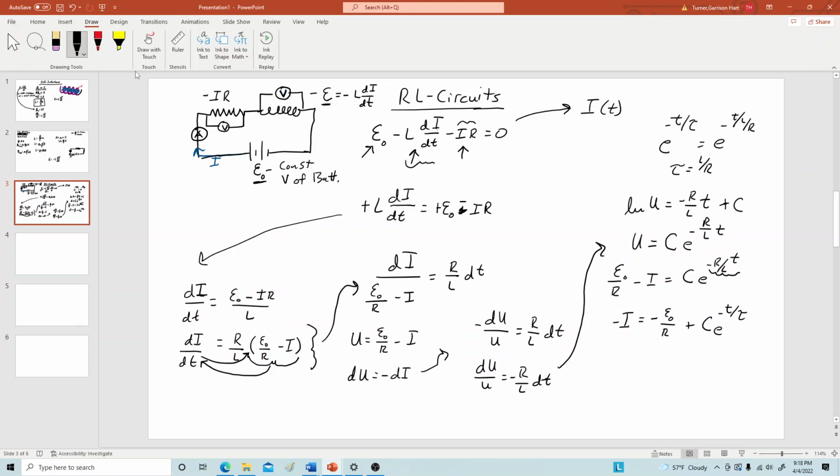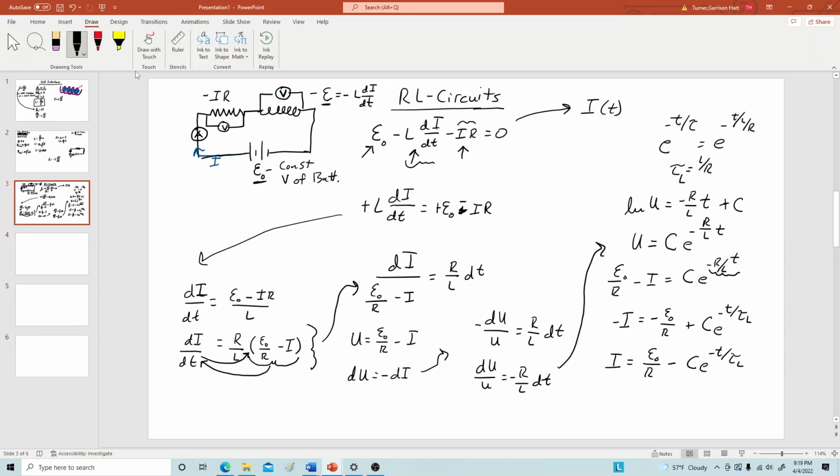Multiplying through by my negative sign, I is going to be equal to epsilon naught over R minus C e to the negative t over tau. And your book denotes the time constant with a subscript L to denote inductive time constant as opposed to capacitive time constant, right?